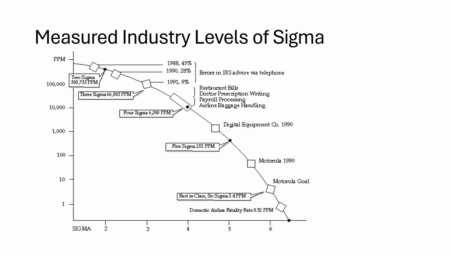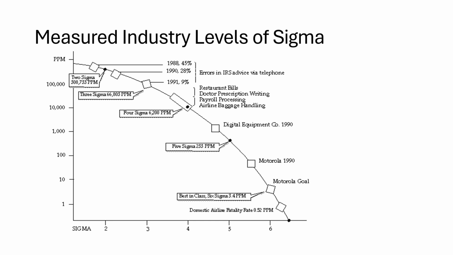At a 3 sigma level, we're looking at close to 67,000 defects per million opportunities. 4 sigma, 6,200 defects per million opportunities. 5 sigma, 233 defects per million opportunities. And then obviously the best in class, where you only have 3.4 defects per million opportunities, that's a 6 sigma, okay?